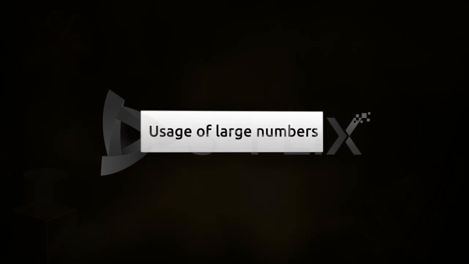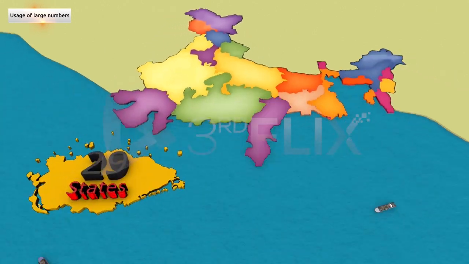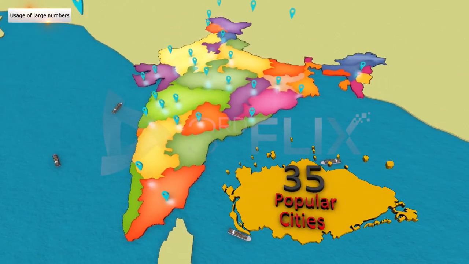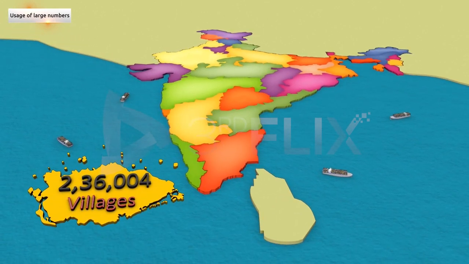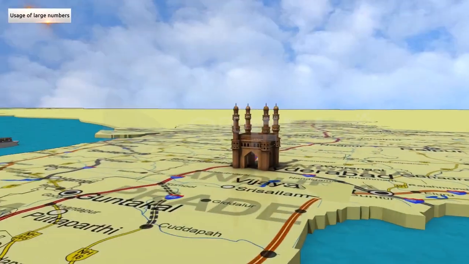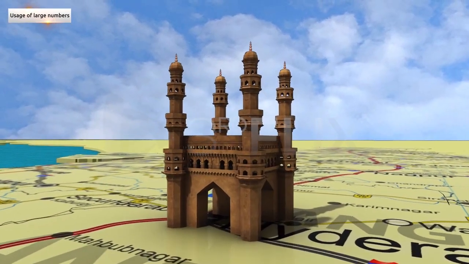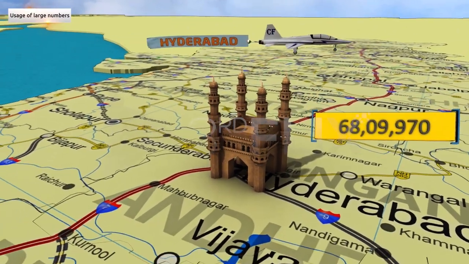Usage of numbers. Introduction. India has 29 states, 35 popular cities, 2,36,004 villages. The population of Hyderabad city is 68,09,970.